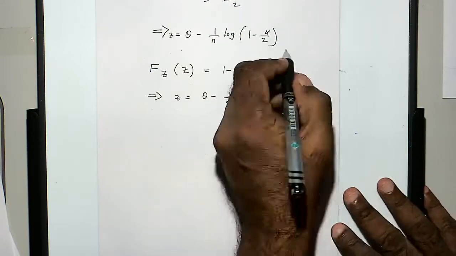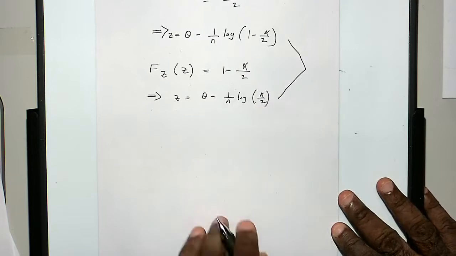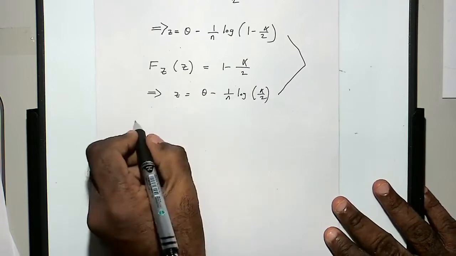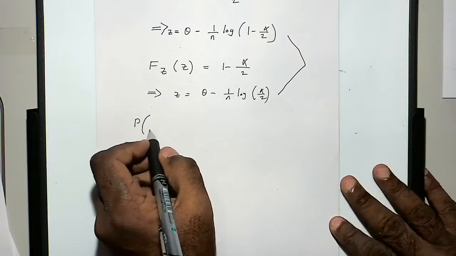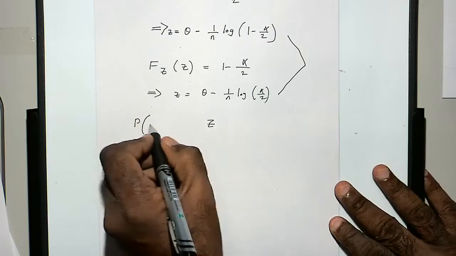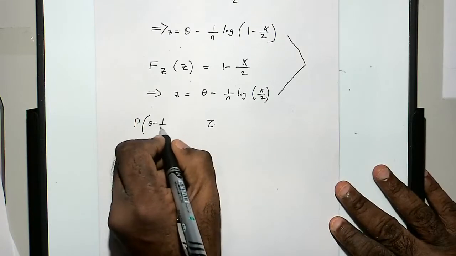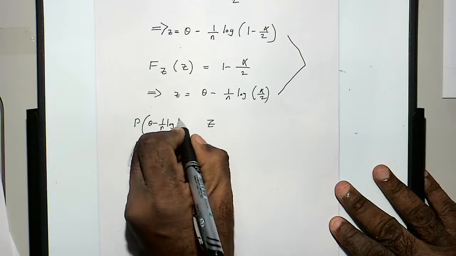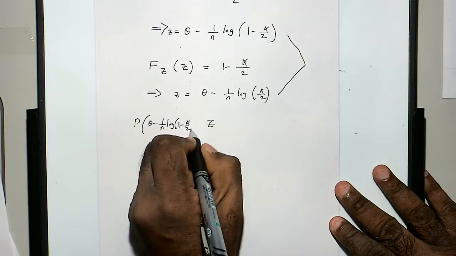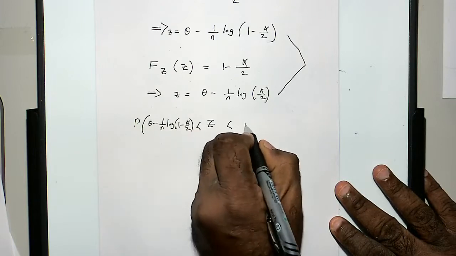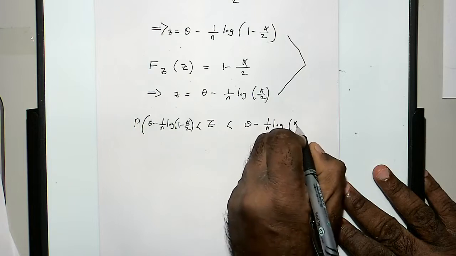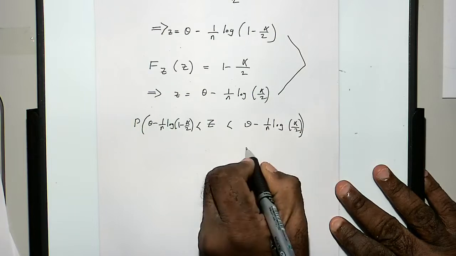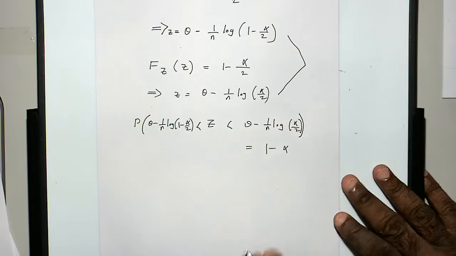So using these two statements, you can say that the probability of z lying between this and this is 1 minus alpha.